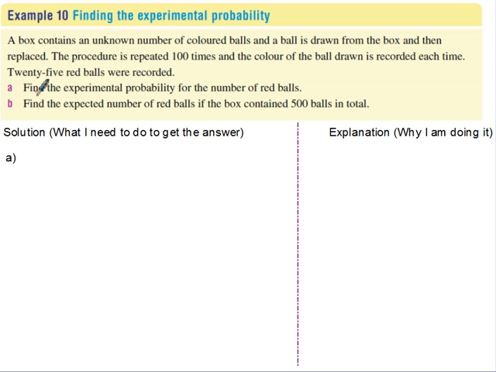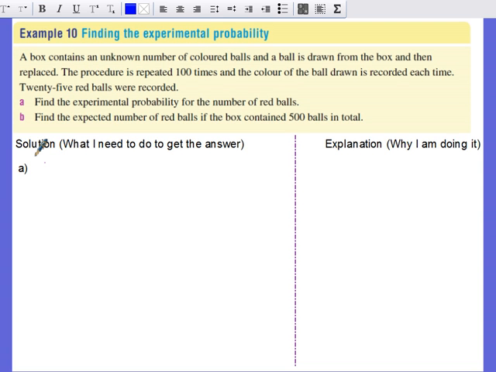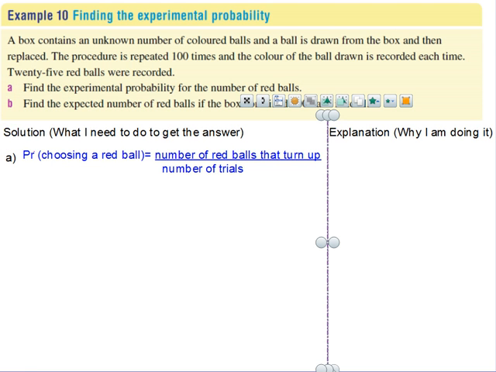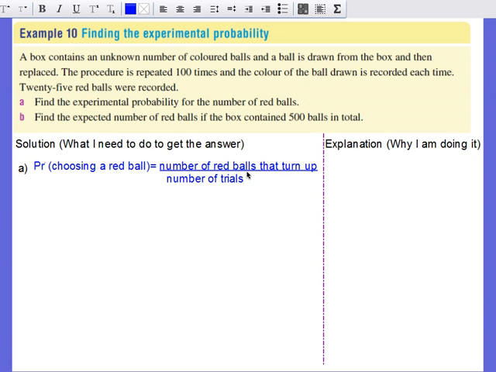So very simply, to find the experimental probability of choosing a red ball, we look at the number of red balls that turned up in the trials divided by the number of trials.